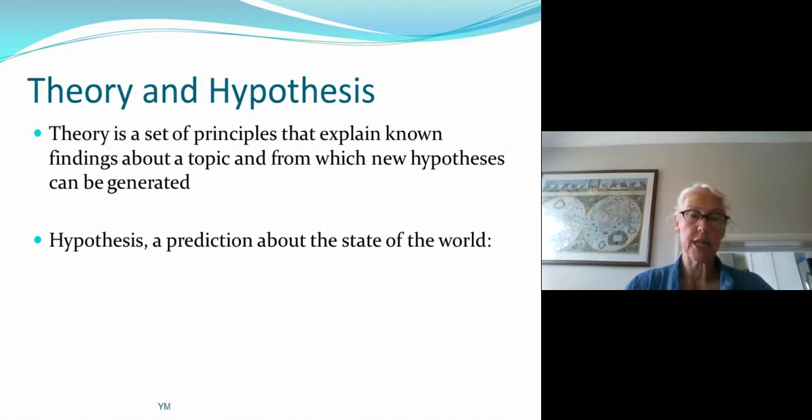But basically the idea behind this is theory is a set of principles that explain known findings about a topic and from which new hypotheses can be generated. So in your literature review, you might have identified some theory that you want to use in your study, and you've used that to create questions in your questionnaire.